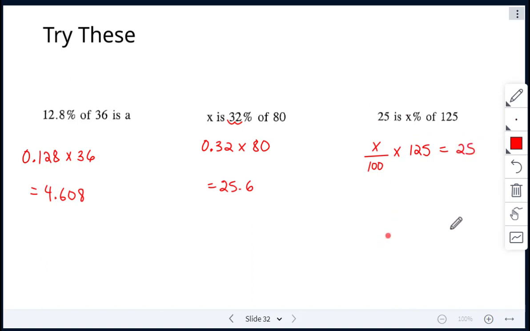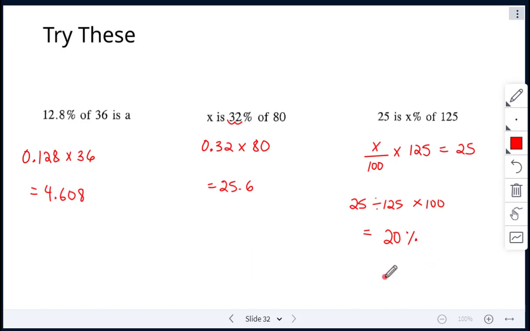We would take 25 divided by 125, and then multiply by 100 to get it into percent. So 25 divided by 125, that's 0.2. Multiply by 100 to put it into percent, that is equal to 20%.